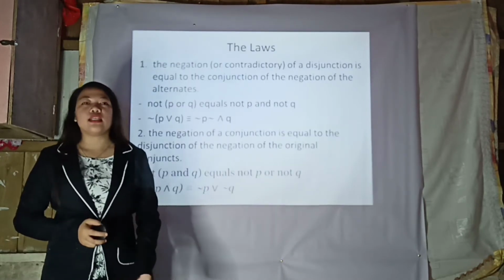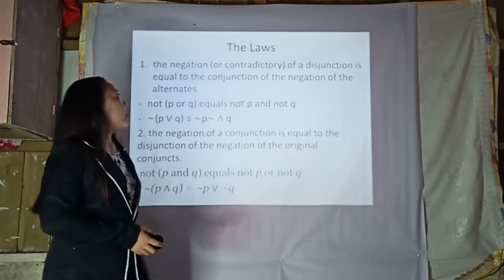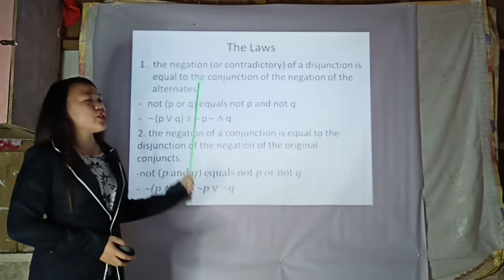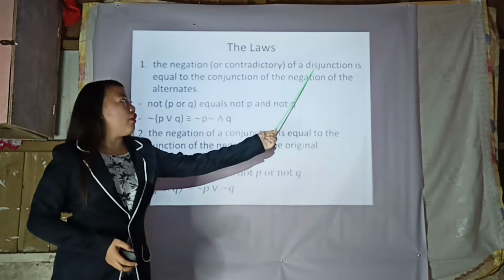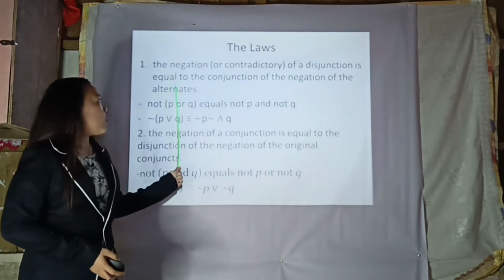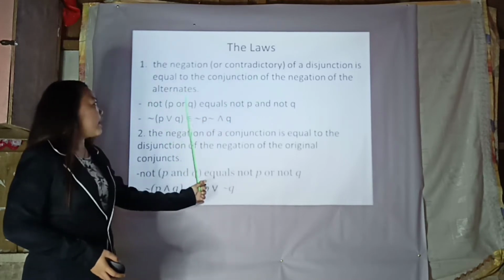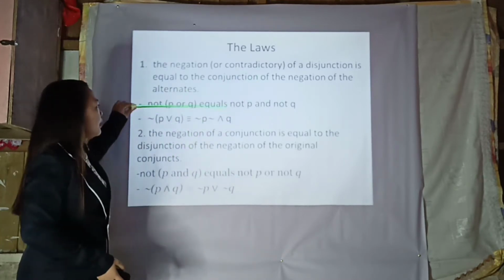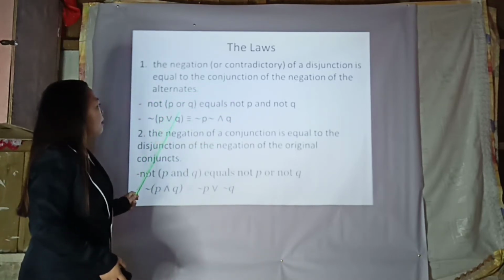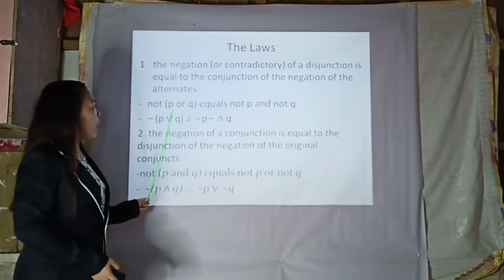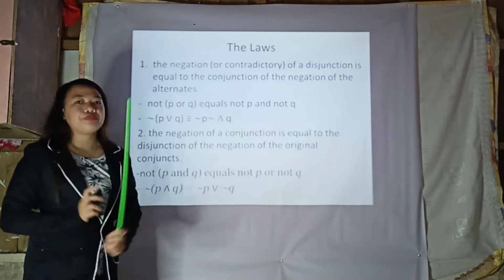Now let's discuss De Morgan's laws for logic. The negation, or contradictory, of a disjunction is equal to the conjunction of the negations of the alternates. For example, P is the first statement and Q is the second statement.